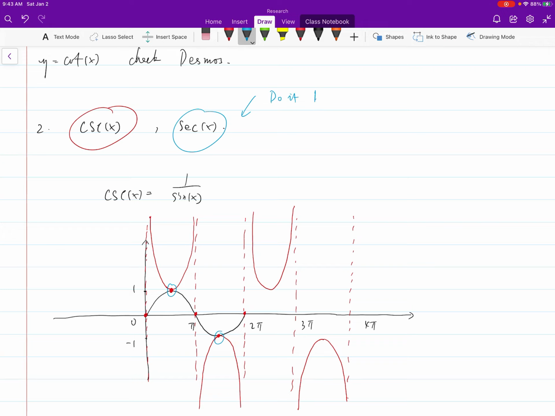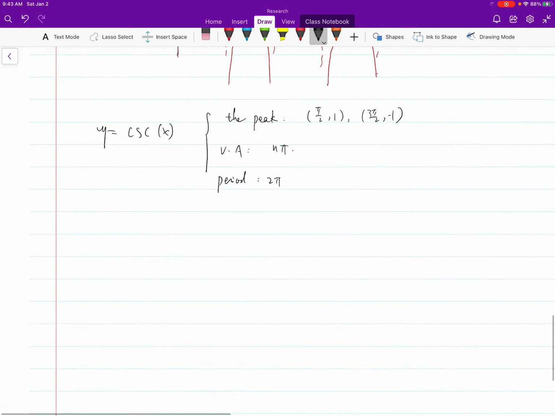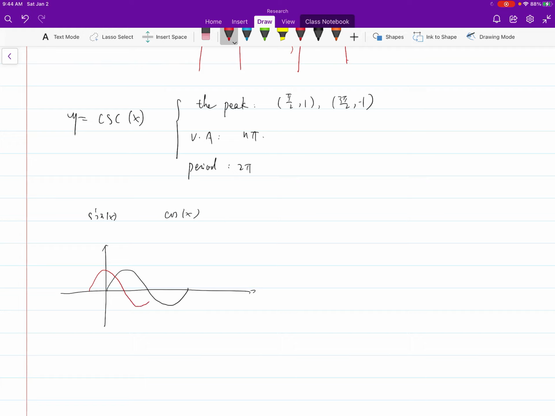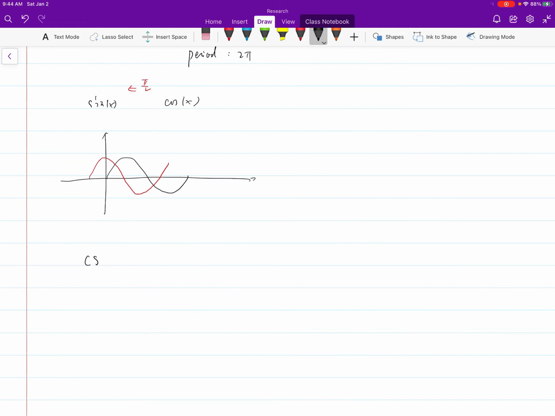I would say for secant, check Desmos by yourself. You will again have something very similar to what you have here. If you think about it, think about the relationship between sine and cosine. This is the sine wave, and cosine is nothing but the same wave shifted to the left by pi over 2.